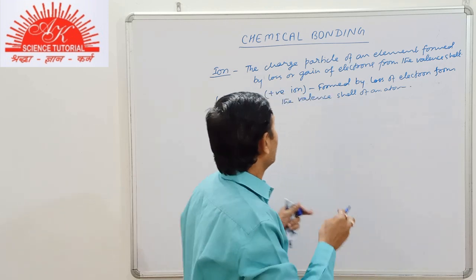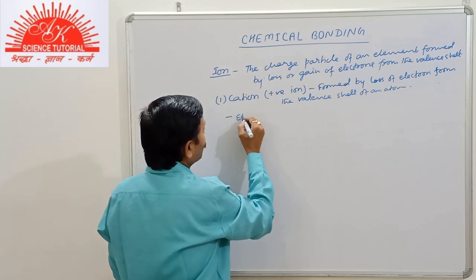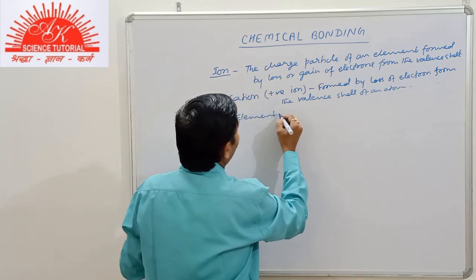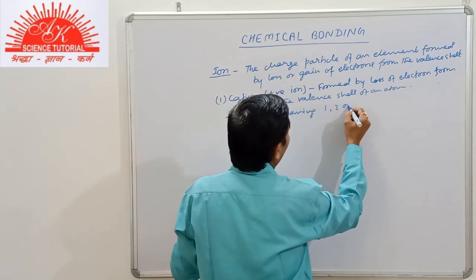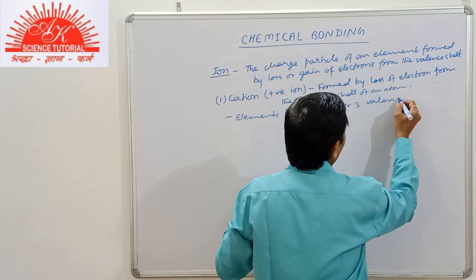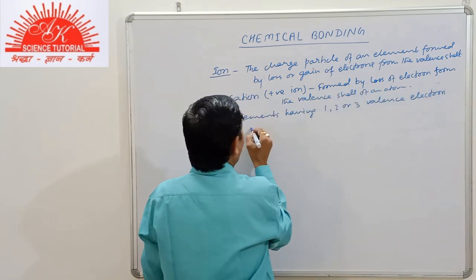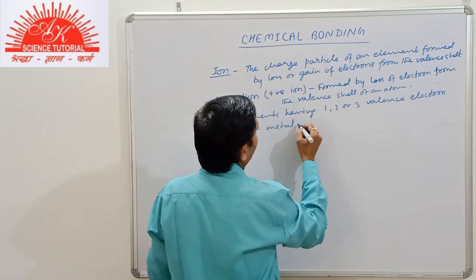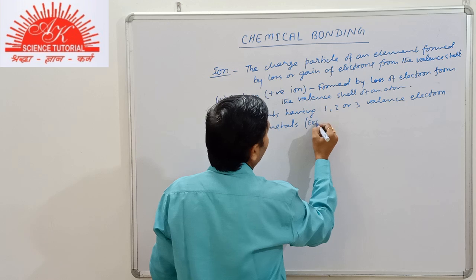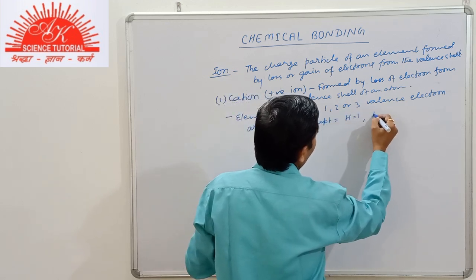So in this case, elements having 1, 2 or 3 valence electrons are metals, except hydrogen and helium.